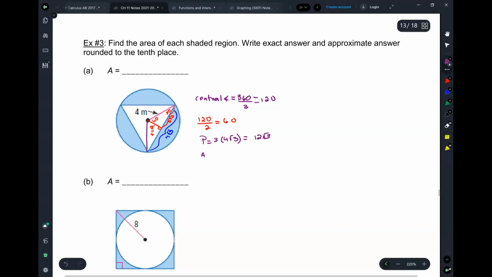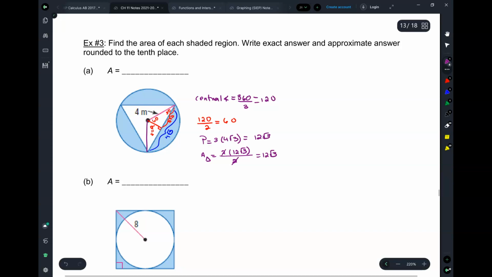So the area of the triangle is the apothem, which is 2, times the perimeter, divided by 2, 12 root 3. Okay, and I'm going to leave it like that for now.